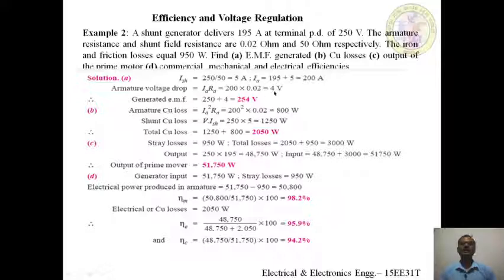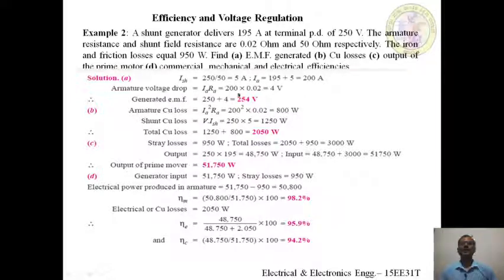So the armature voltage drop is 4 volt. Then we know the voltage equation of the generator: generated EMF is equal to V plus IA RA. V is 250, IA RA is 4 volt. So EG is equal to 254 volt.